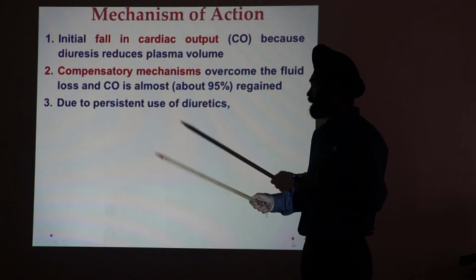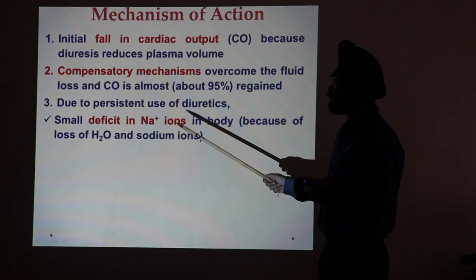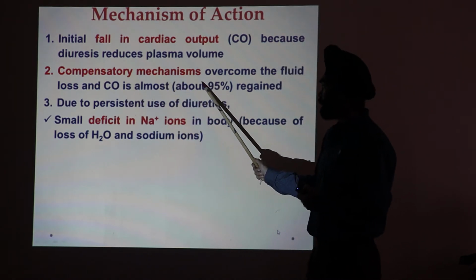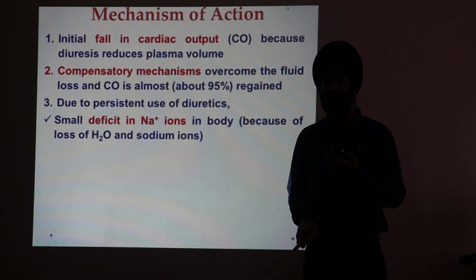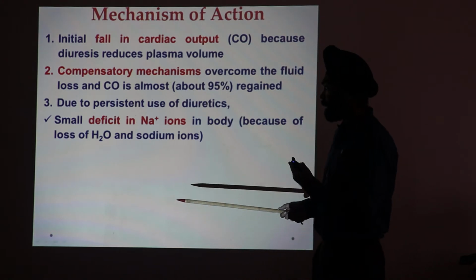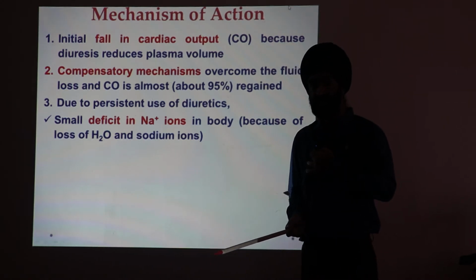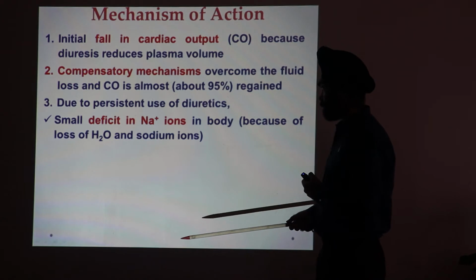When you are using them for a persistent time, almost all the cardiac output is regained. You know, diuretics reduce the fluid volume as well as increase the excretion of sodium also.